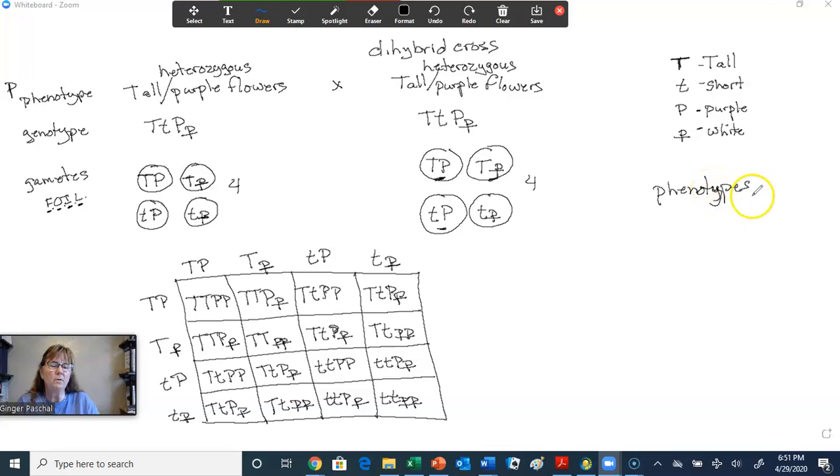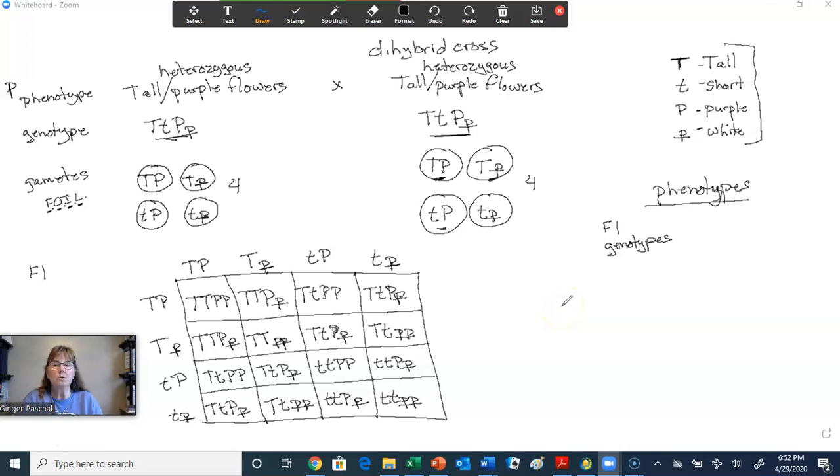So the possible phenotypes of this pair, if we cross this individual and this individual, what are our F1 genotypes? We've got F1 genotypes. What combinations of these could we possibly have? We have tall, short, purple, white.